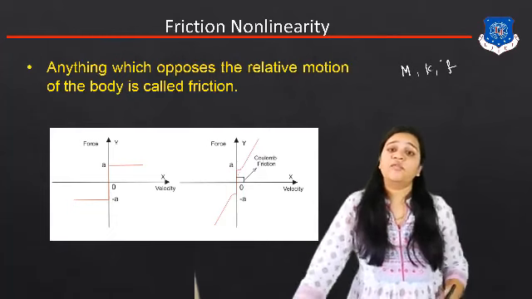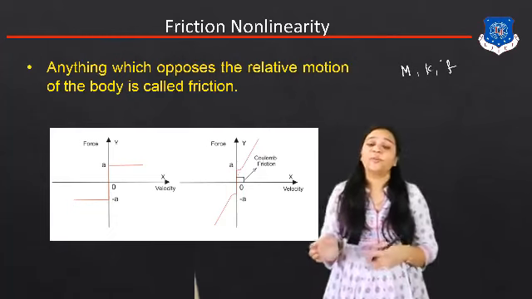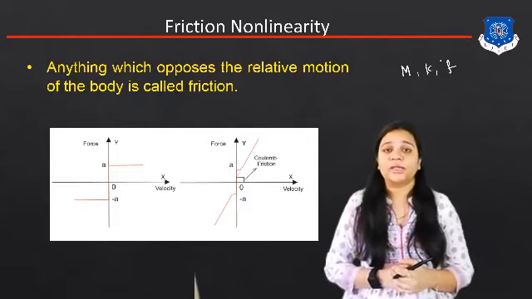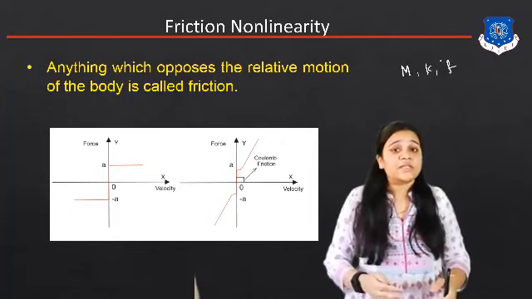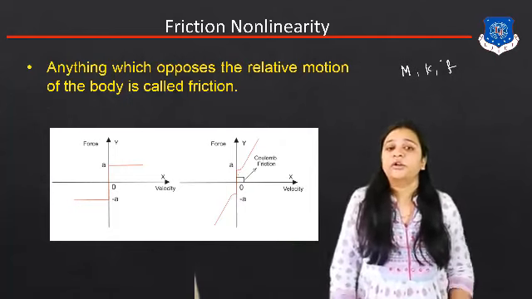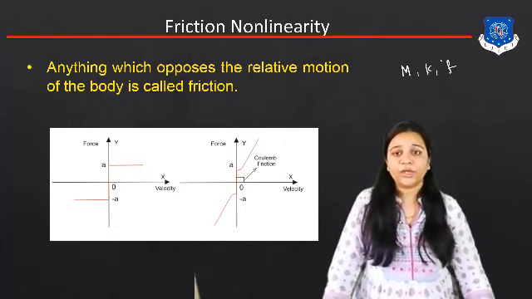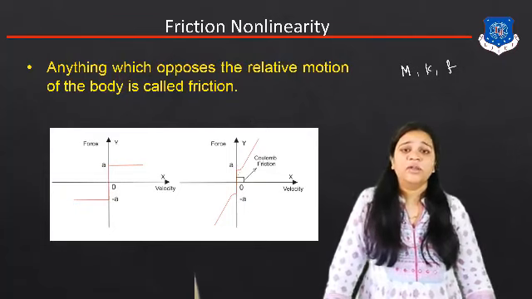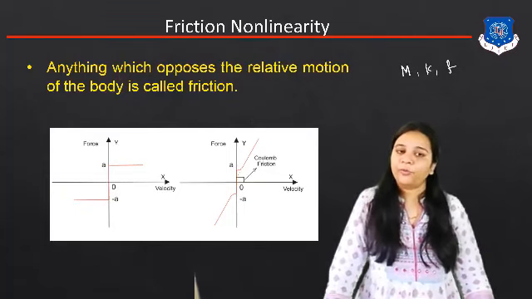So anything which opposes the relative motion of the body used in the particular mechanical system, this type of non-linearity is known as the friction non-linearity. Okay, so we apply force to this mechanical system and we can get this type of output data.